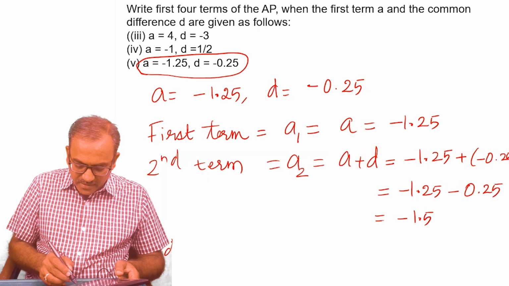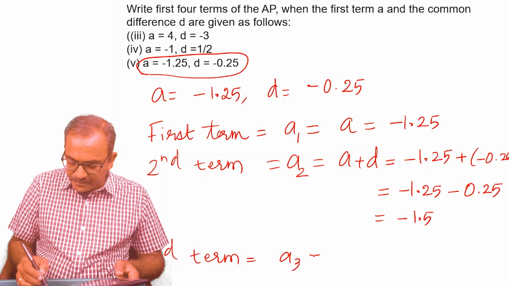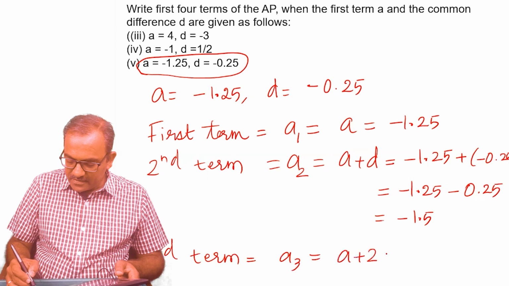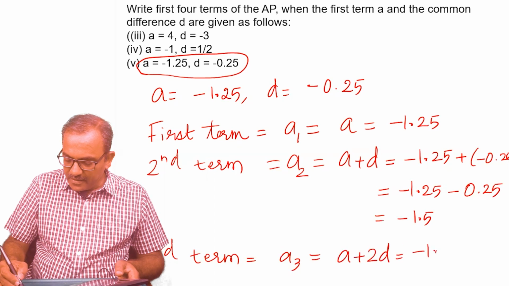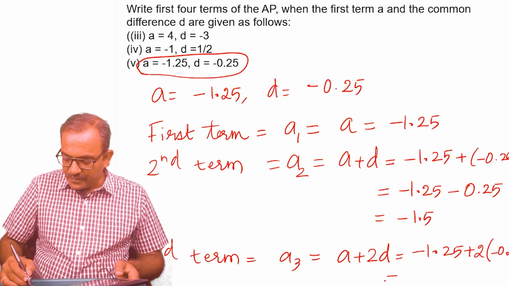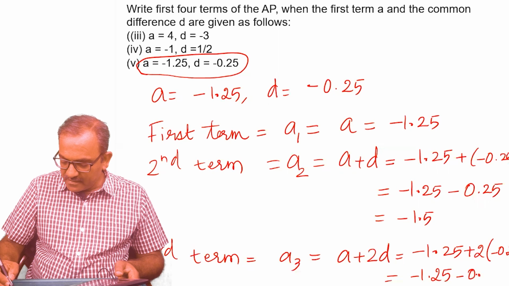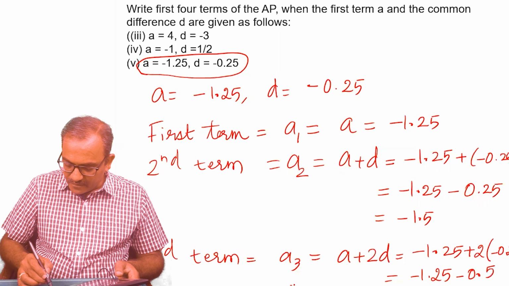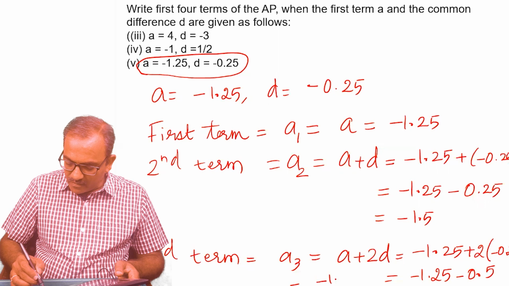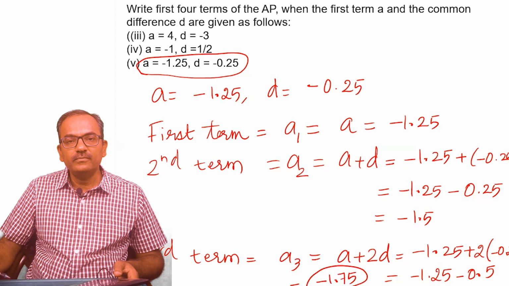So, the third term A3 is equal to A plus 2D, minus 1.25 plus 2 times minus 0.25, which is minus 1.25 minus 0.5, which will give you minus 1.75. Similarly, you can find out the fourth term.